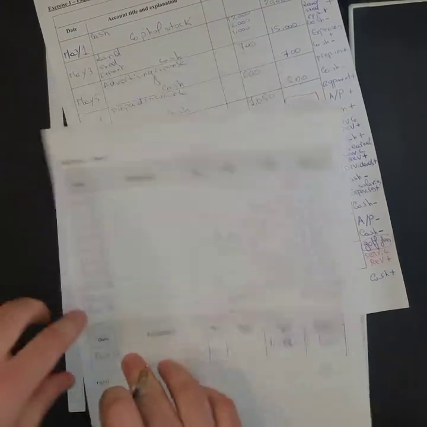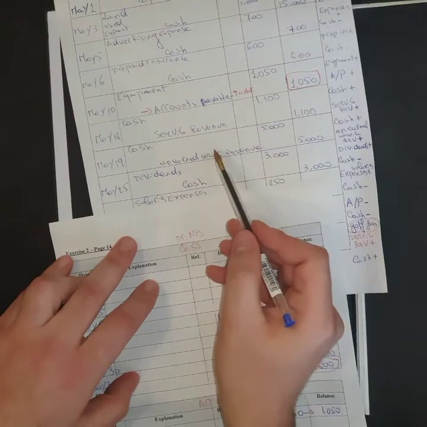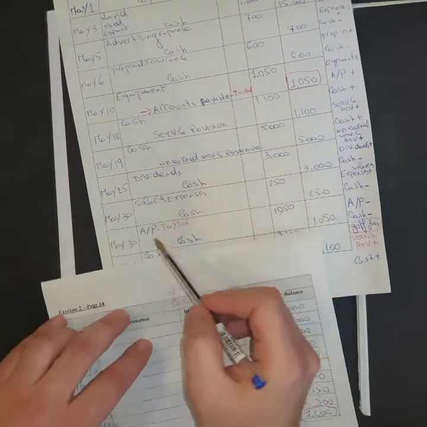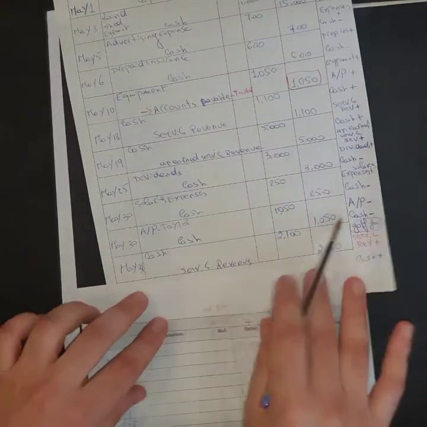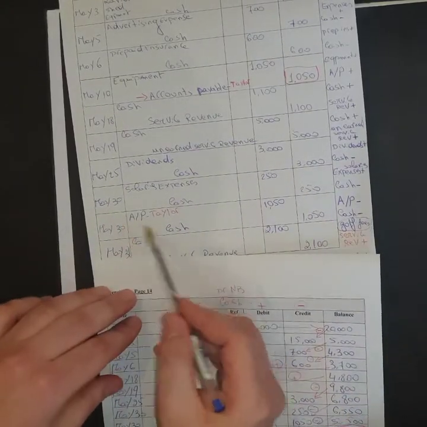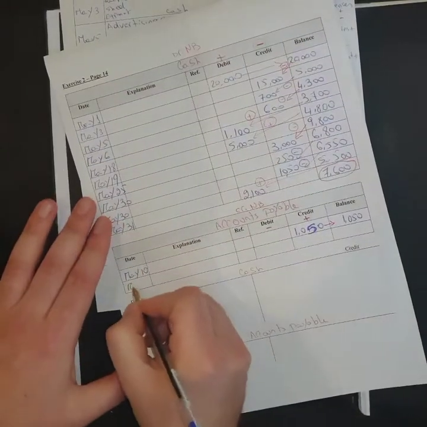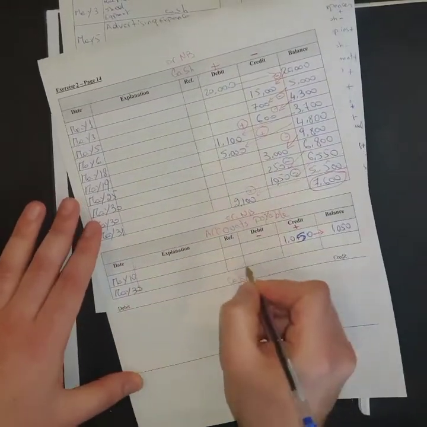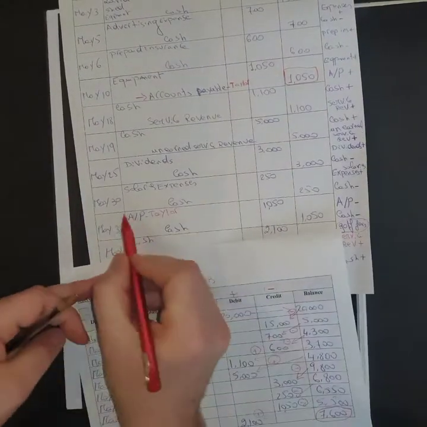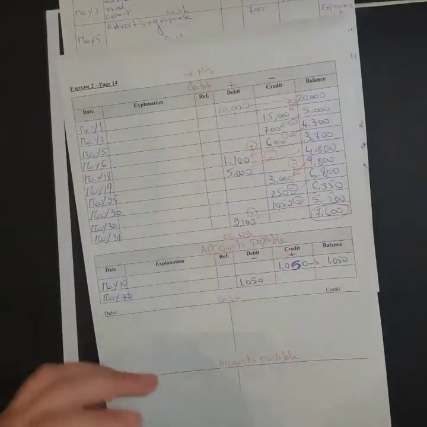However, after May 10, the accounts payable appears on May 30. So we have only 2 dates for accounts payable. The second one is on May 30, debit 1,050.